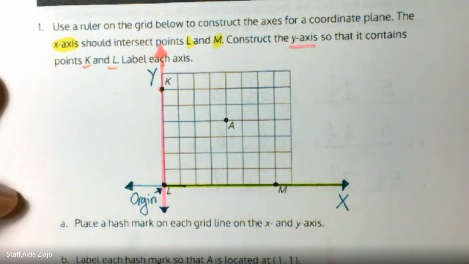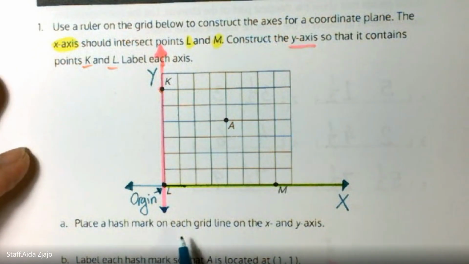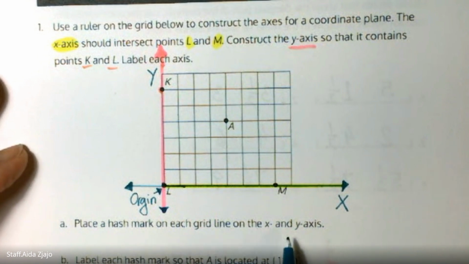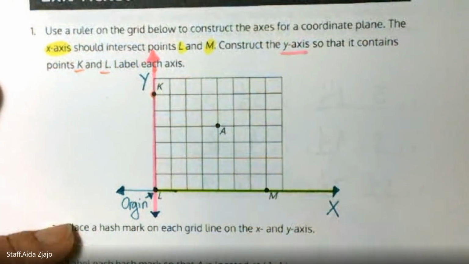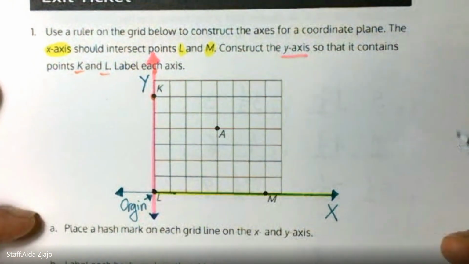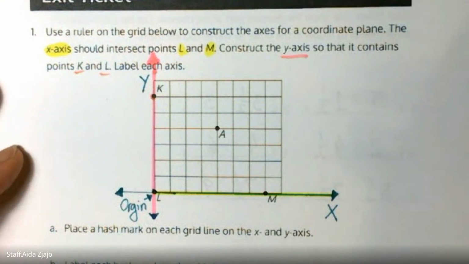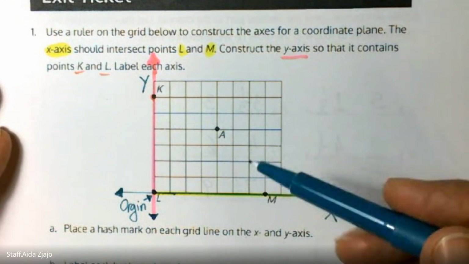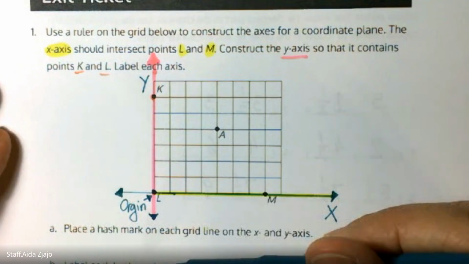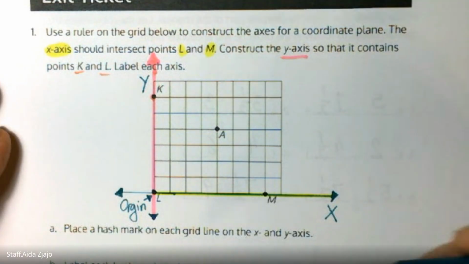Now place a hash mark on each grid line on the x and y axis. Label each hash mark so that A is located at 1, 1.